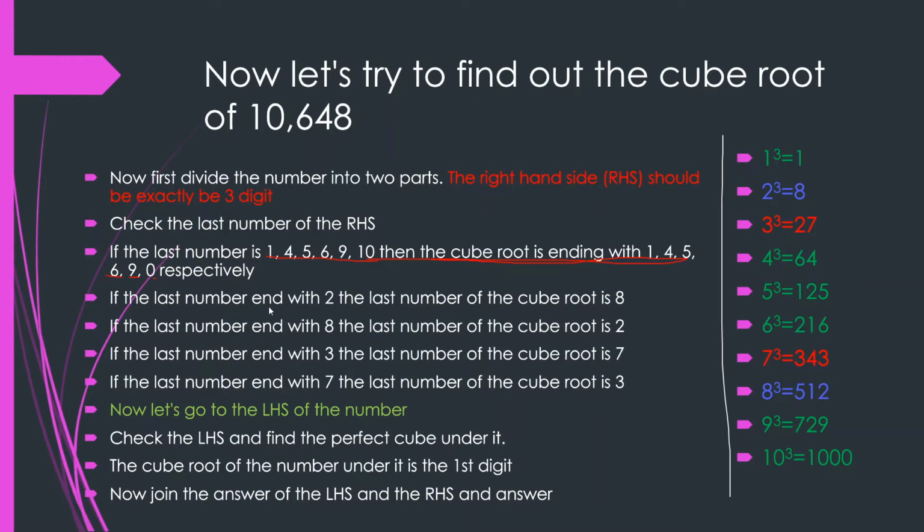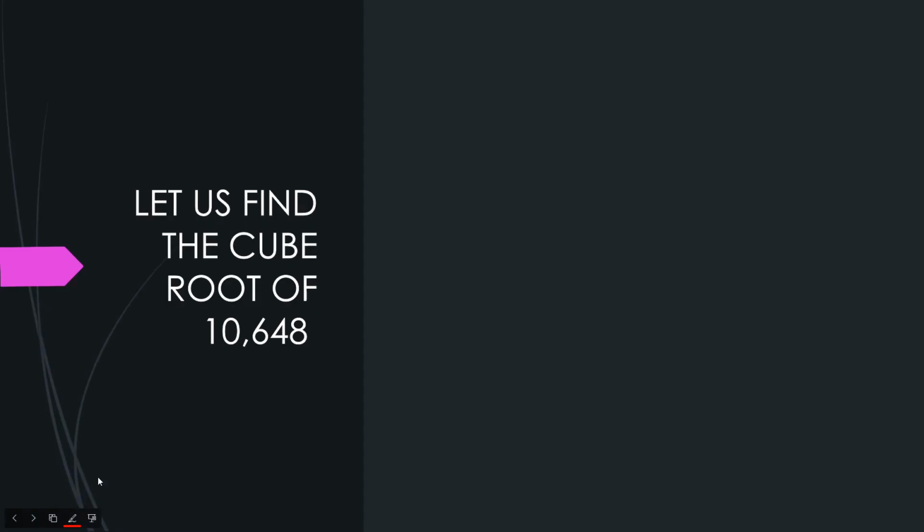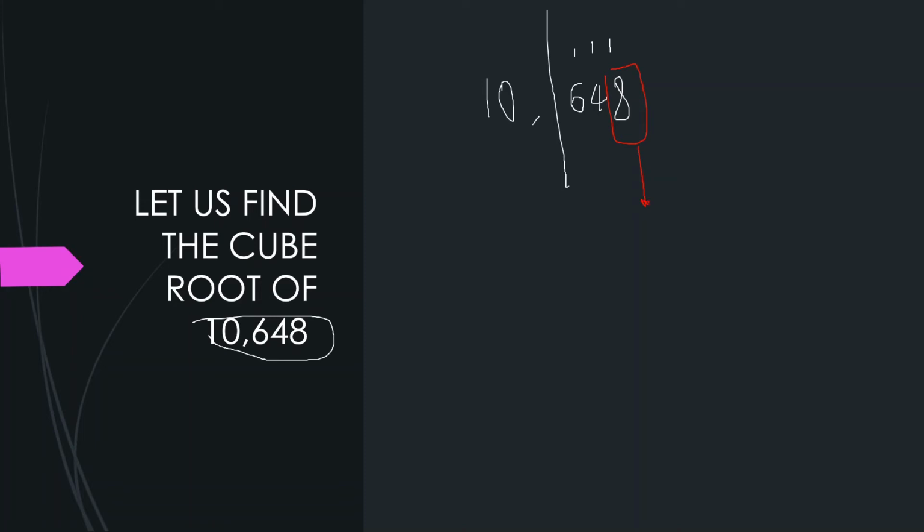And if the last number is 2, the cube root ends with 8, and vice versa. Here the last number is 8, so the cube root ends with 2. This is how you can do it. So the RHS digit is 2.